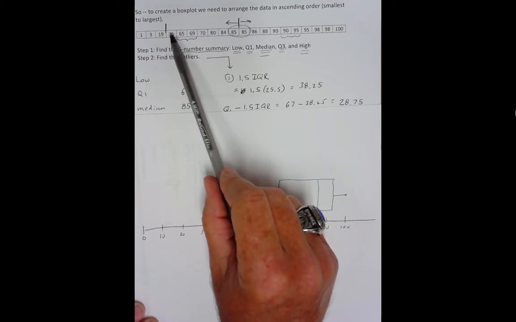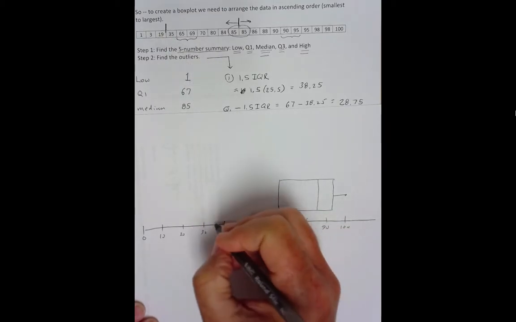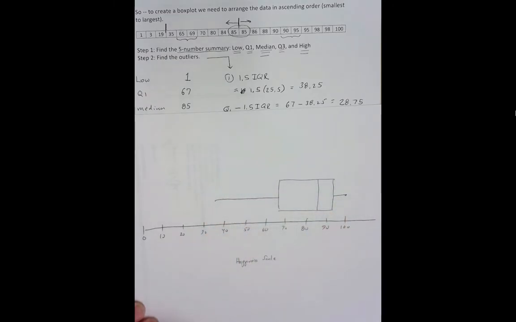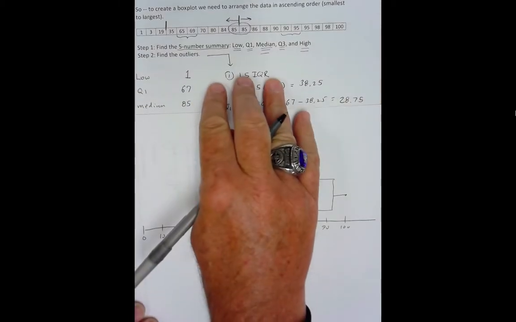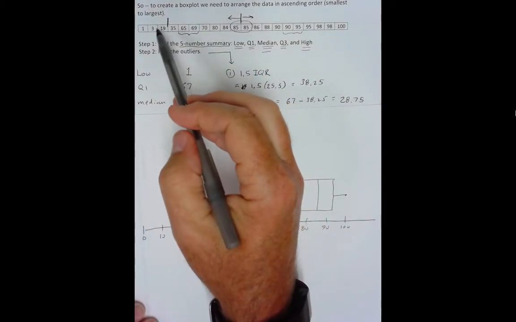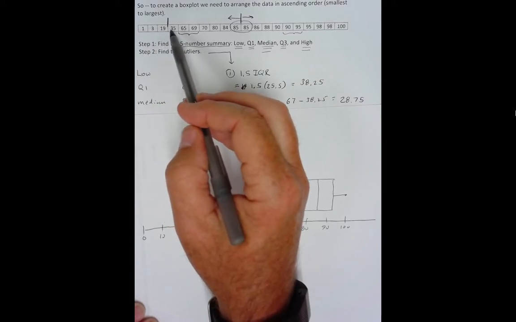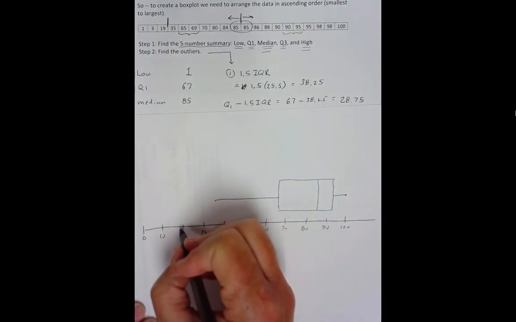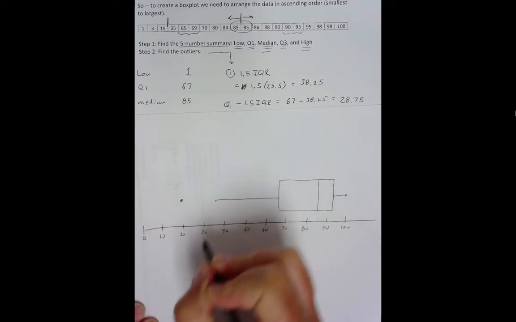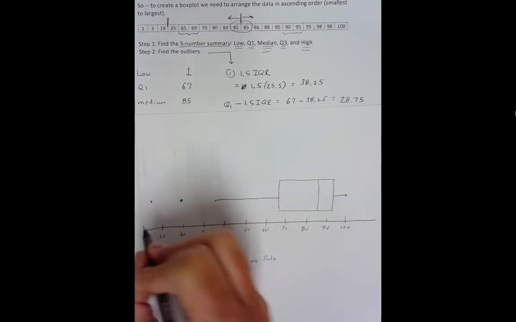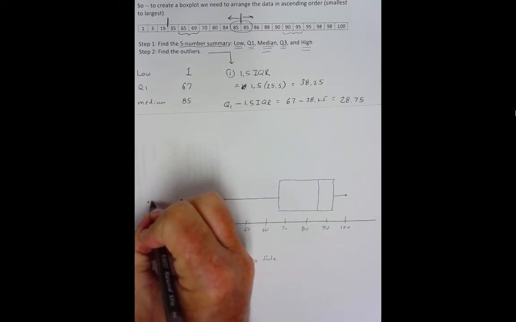So I'm going to draw this down to 35, which is about right here. And then to indicate these values are unusual, I'm going to make points for those. So I'm going to come in at a 19 and make a point. I'm going to come in at a 3 and make a point. And I'm going to come in at a 1 and make a point.